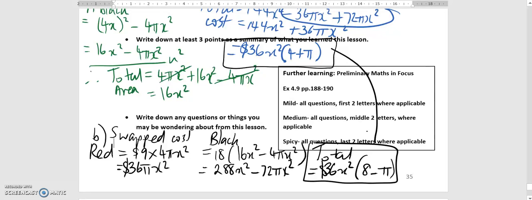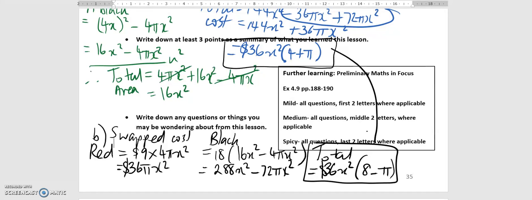Okay, and if you look at it, you've either got 4 plus pi or 8 minus pi. So remember, pi is a number, 3.1415, etc. So is 4 plus 3, which is 7, bigger than 8 minus 3, which is 5?